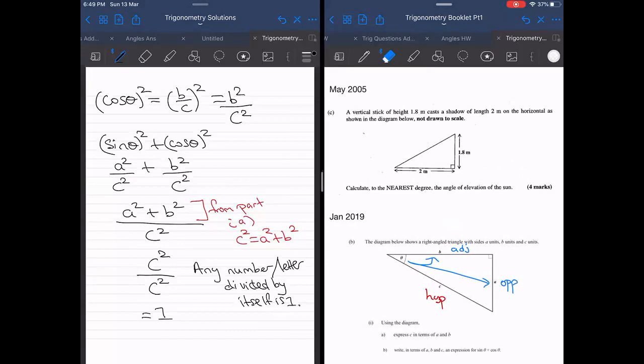Okay. If not, finish writing. And then I'm going to go to May 2005, and we talk a little bit about how to work this.